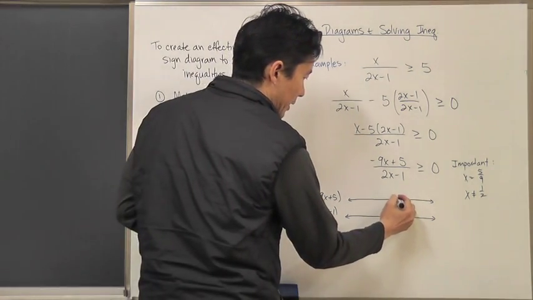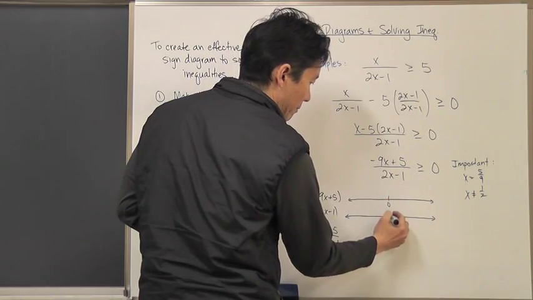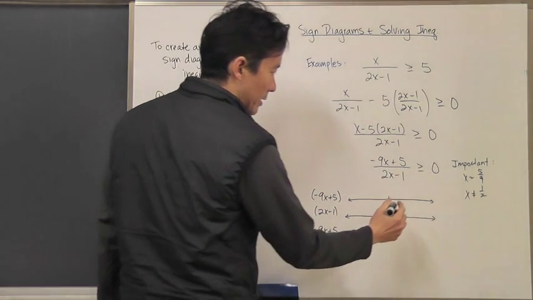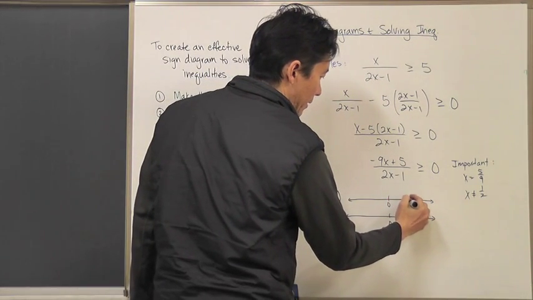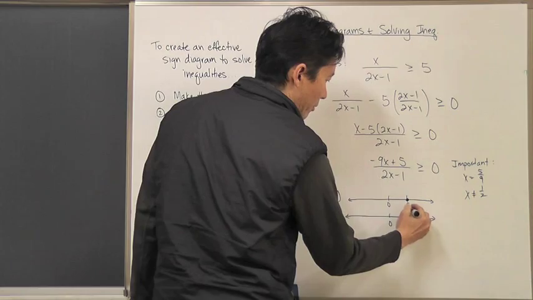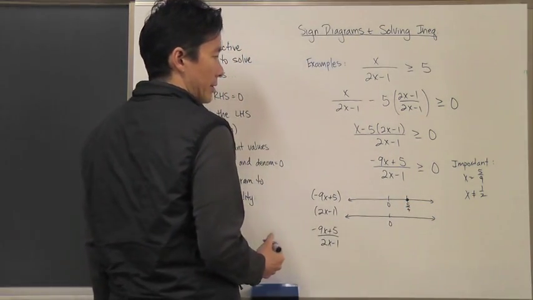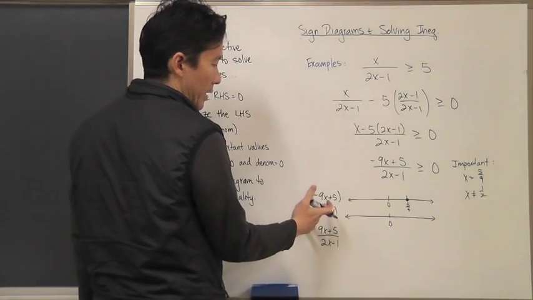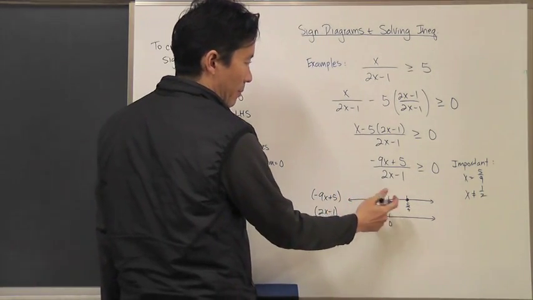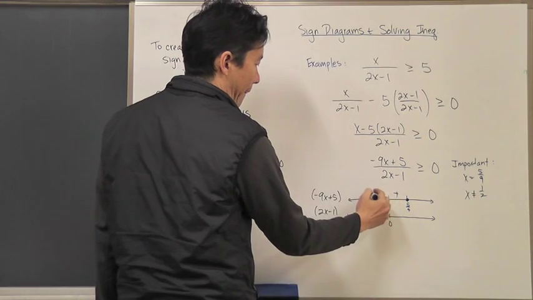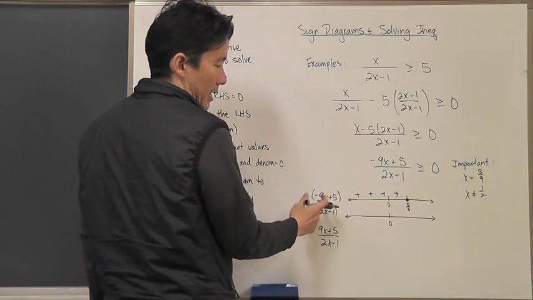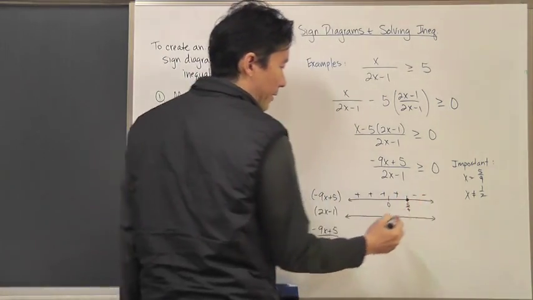Let's say that this is 0 here. If I say 5/9, let's just say that this is 5/9 here. It will make that into a 0, so anything to the left of that, like say 0, if I choose 0, then this is all going to be a positive value. If I choose anything greater than 5/9, let's say 10, that's of course going to be a negative value.